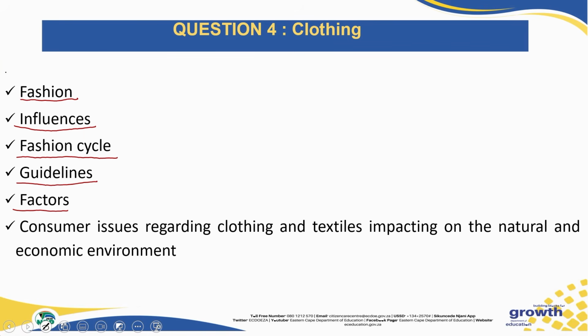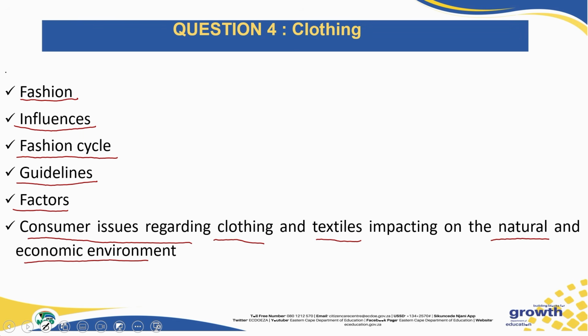Also know the guidelines to follow when choosing a wardrobe for a field of work, and also know the factors that influence fashion cycle and why fashion cycle overlaps, and know the consumer issues regarding clothing, textiles that are impacting on the natural and economic environment.